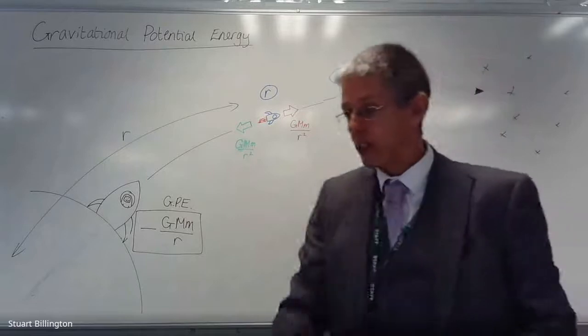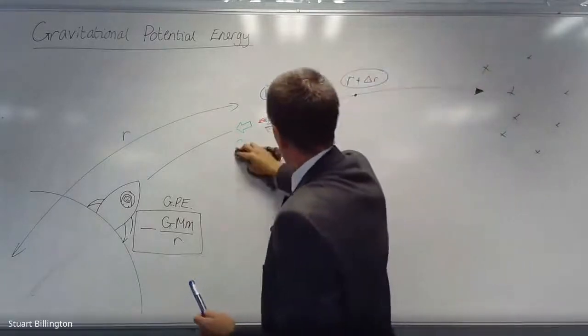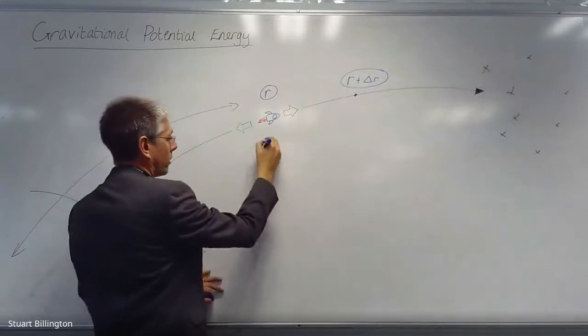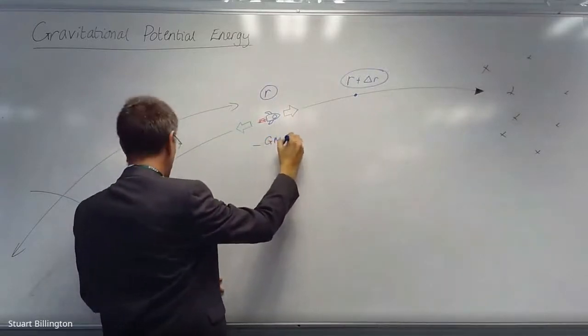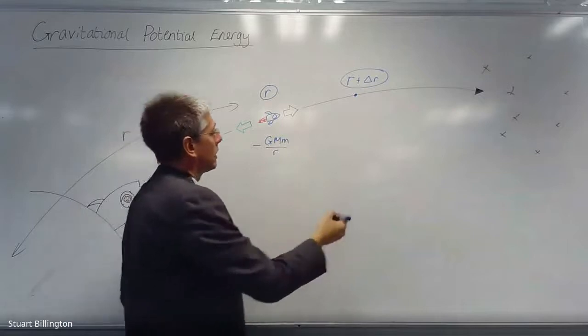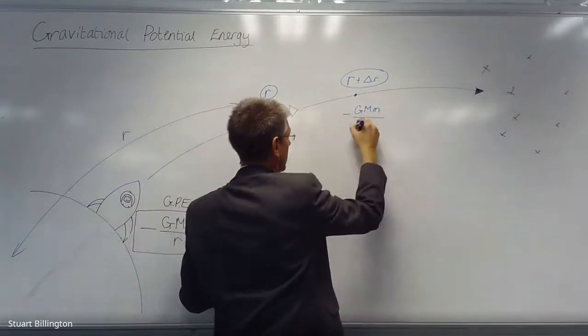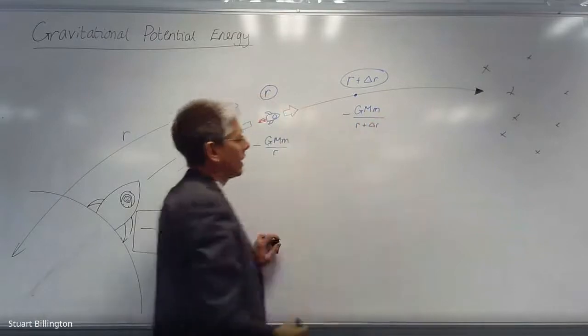So in order to do that, we just need to crunch the numbers. So at this point, we are the proud owner of this much debt. And at this point, we are the proud owner of this much debt.